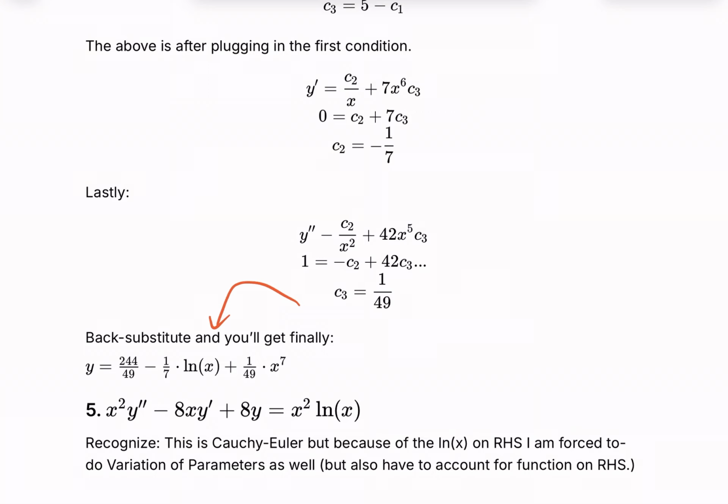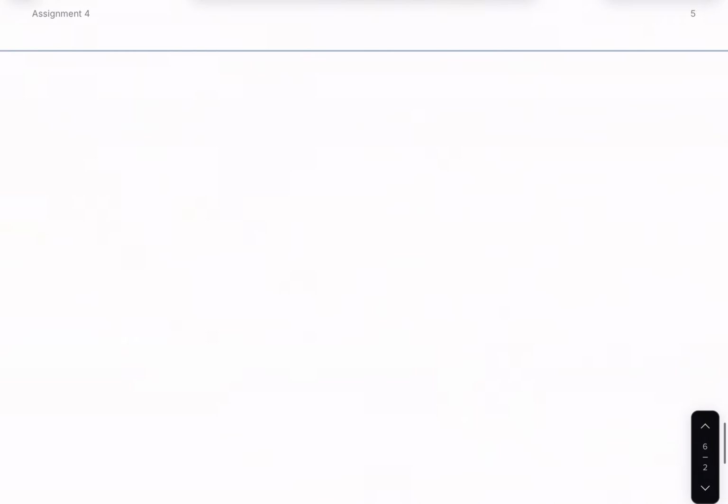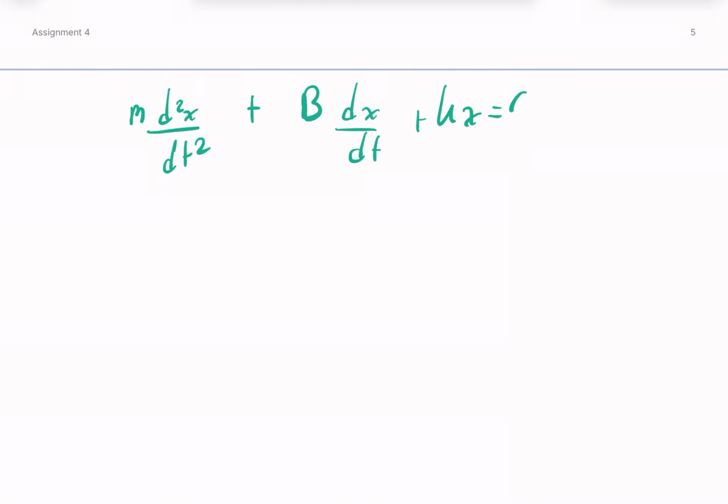So, let's start down here. Let's go green. So for these types of questions, you need to know a very important formula, which is m d2x over dt squared plus beta dx by dt plus kx equals 0.